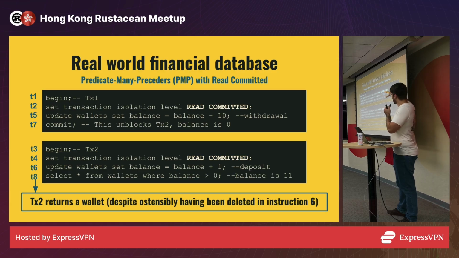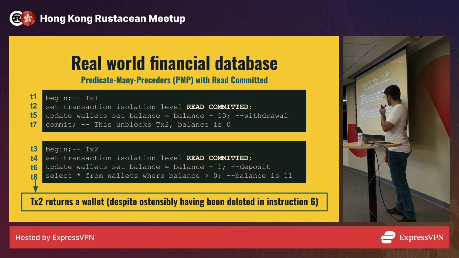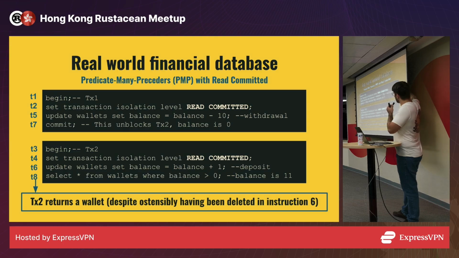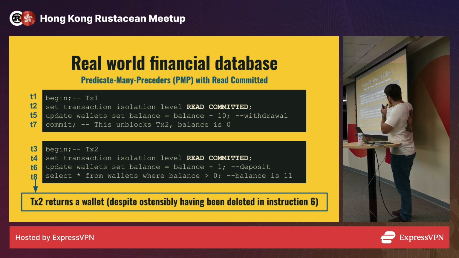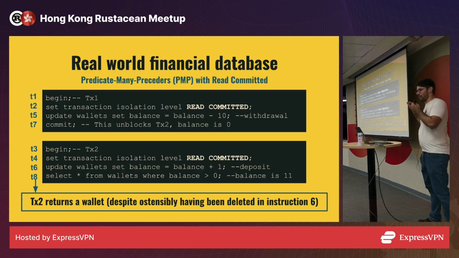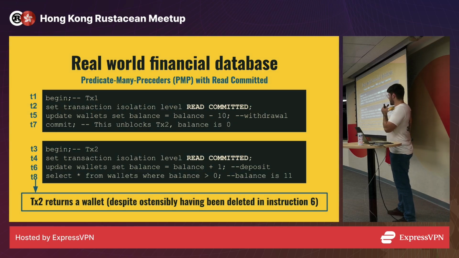However, this is what happened according to all the reports from the data engineers that looked at it. So on T1 and T2, the first transaction begins, and on T3 and T4, the second transaction begins. Notice that on T2 and T4, there is the SET TRANSACTION ISOLATION LEVEL to READ COMMITTED. However, this is the default isolation level of Postgres. This line is not necessary.